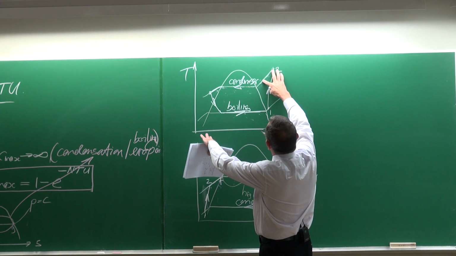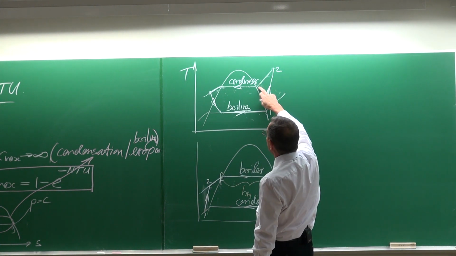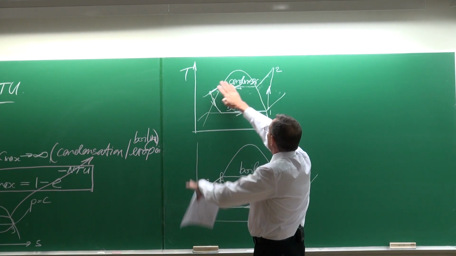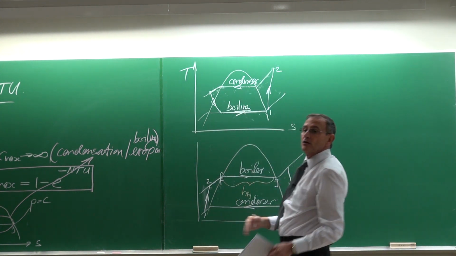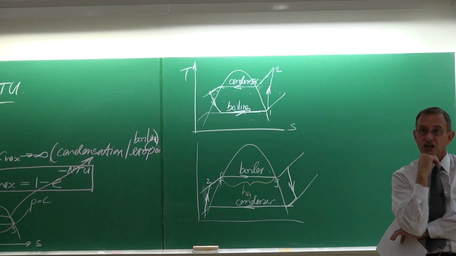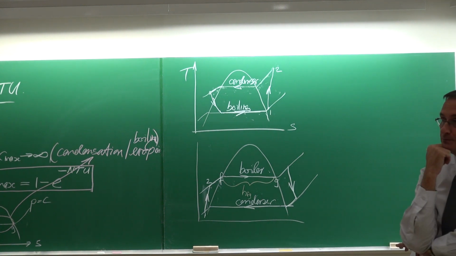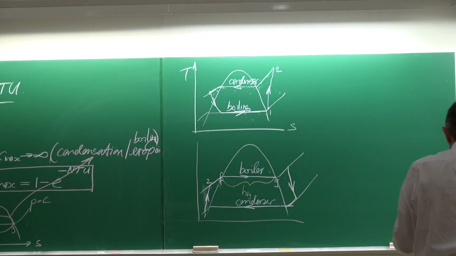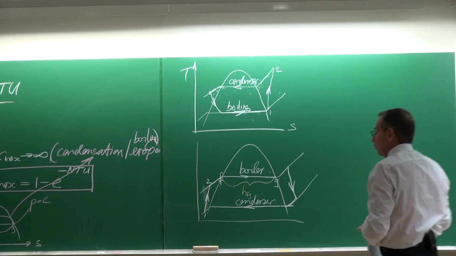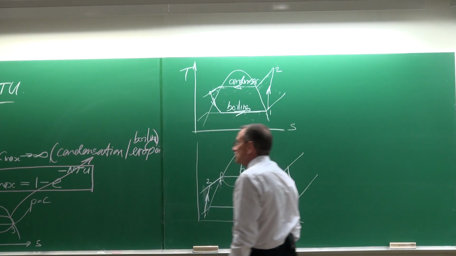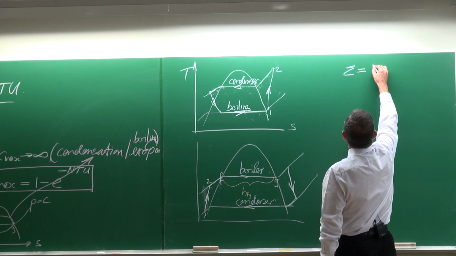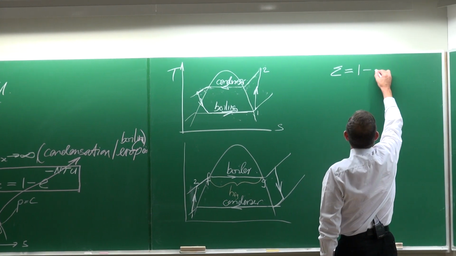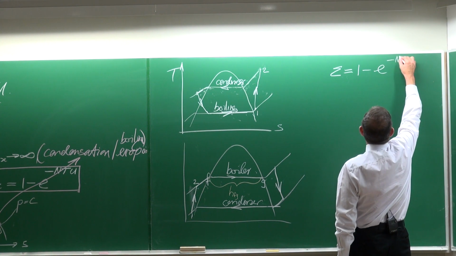If you go and look at the change in enthalpy from there to there and from there to there, those parts would normally be negligible in comparison with the two-phase change enthalpy values. Also, looking at this thing very critically, the effectiveness is equal to 1 minus e to the minus NTUs.